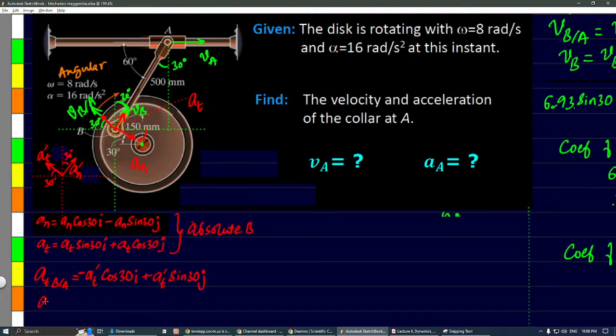Then normal component of B with respect to A, both are positive now: AN dash sin 30 i plus AN dash cos 30 j.